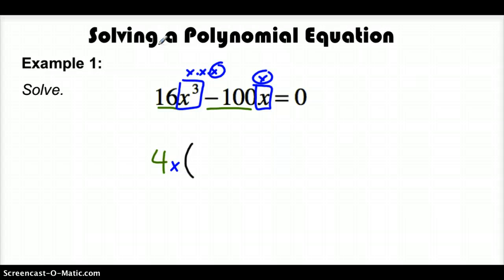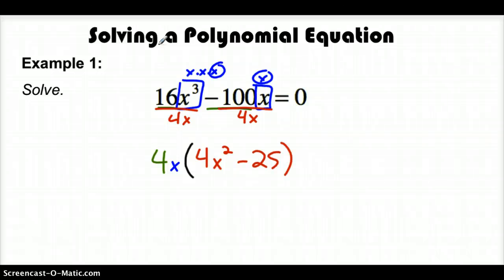To figure out what I have left over, I'll divide each of these terms by our greatest common factor of 4x. 16 divided by 4 gives me 4, and x cubed over x gives me x squared. Negative 100 over 4 gives me negative 25, and x over x divides to 1. I'll set this equal to 0.